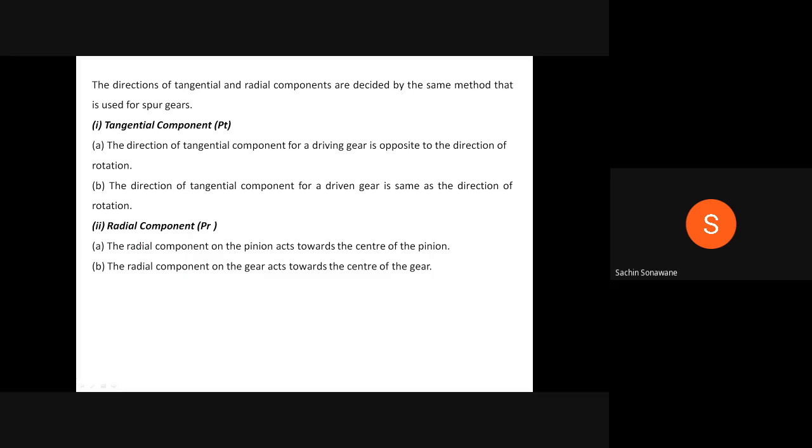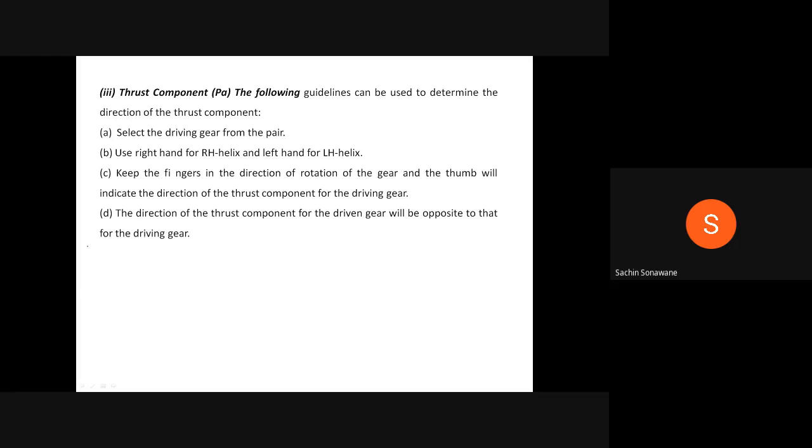Radial component PR. The radial component of the pinion acts towards the center of the pinion. The radial component on the gear acts towards the center of the gear. Now thrust component or axial component. The following guidelines can be used to determine the direction of the thrust component. First, select the driving gear from the pair.